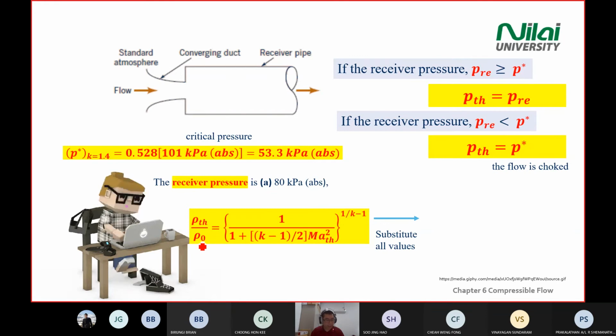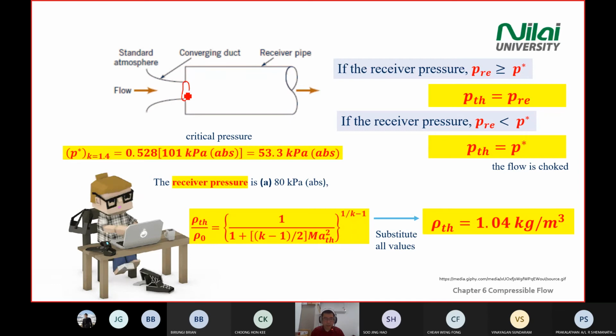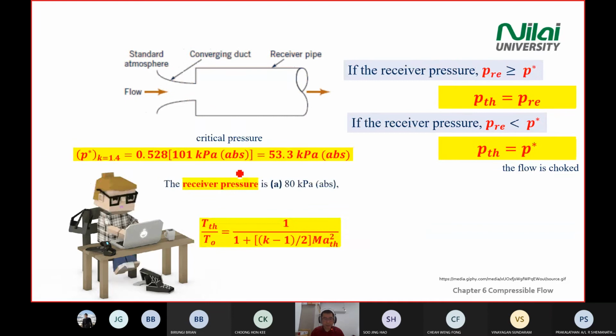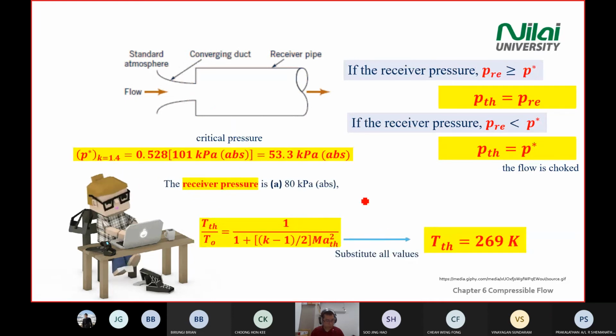This value is given in the handout. In your handout, this value is 1.23, and then you substitute all the values, and you get the density at the throat area. Same with the temperature, in Kelvin.